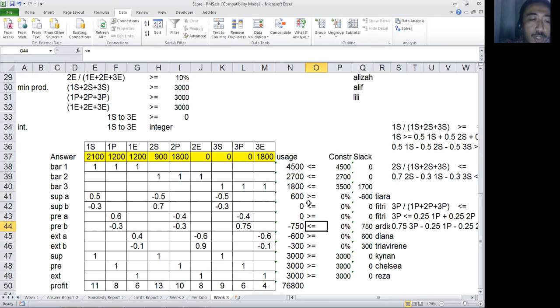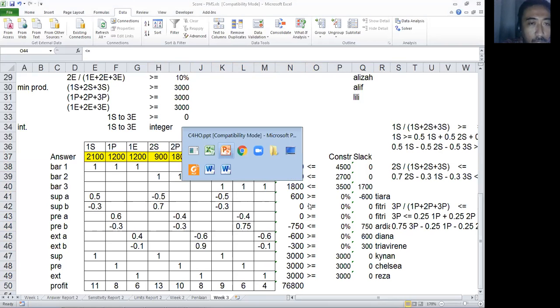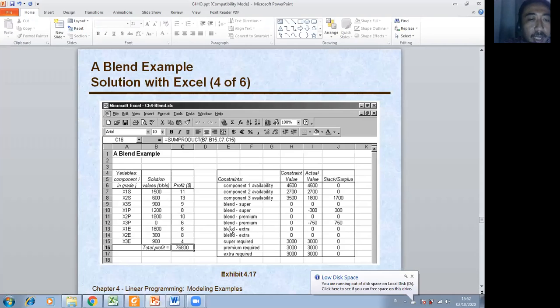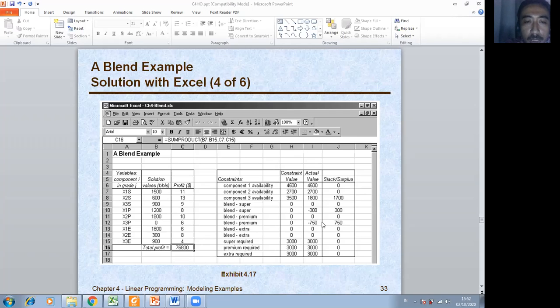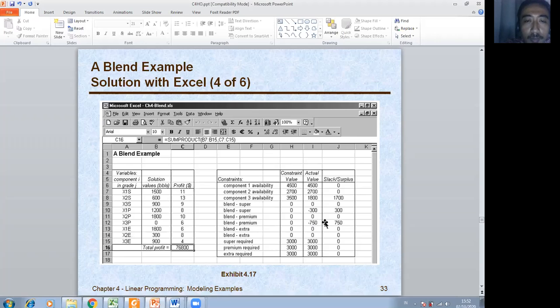That's why I need to check whether we missed something here, or we missed a sign here. Because the example in the slide can get a sensitivity report, it means they don't make any violation in the constraints. I don't know why we make a violation. Then we need to check this again, whether the sign is positive or negative.